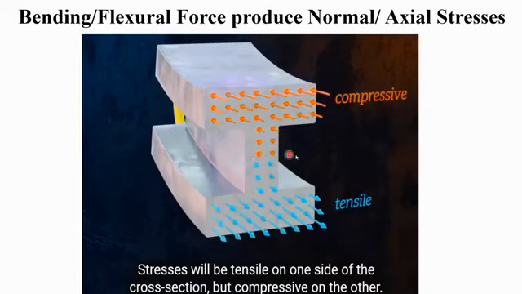See, this is the neutral axis, say the centroid. The top portion is compressive and the bottom portion is tensile. So it is also normal force, but the whole cross section doesn't experience the similar force. Similar means one part compressive, one part tensile.